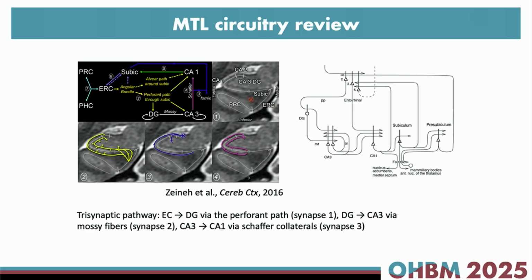This research has come out of some really cool polarized light imaging that I'm going to show you in a second, where you can look in very, very high resolution to see these distinct pathways, not only along the transverse axis, but also along the longitudinal axis of the hippocampus, connecting regions like the CA3 and the CA1, et cetera.